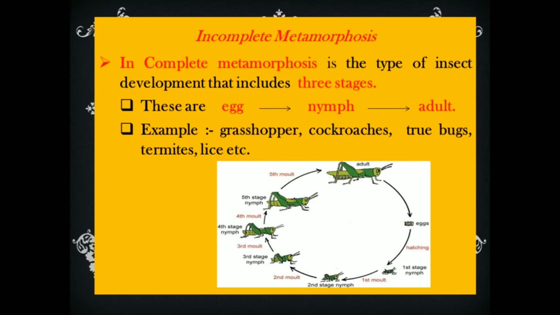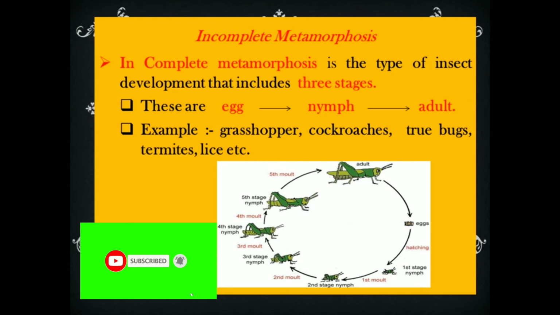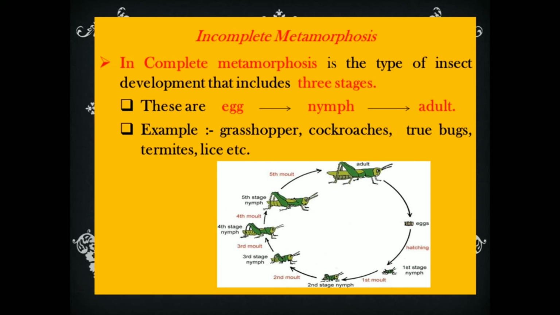So the insect first will lay egg and then will change into nymph, but the nymph will not directly develop into an adult. Before that it will change its skin 4 or 5 times. At least it will change its skin 4 or 5 times, and such process we call molting.